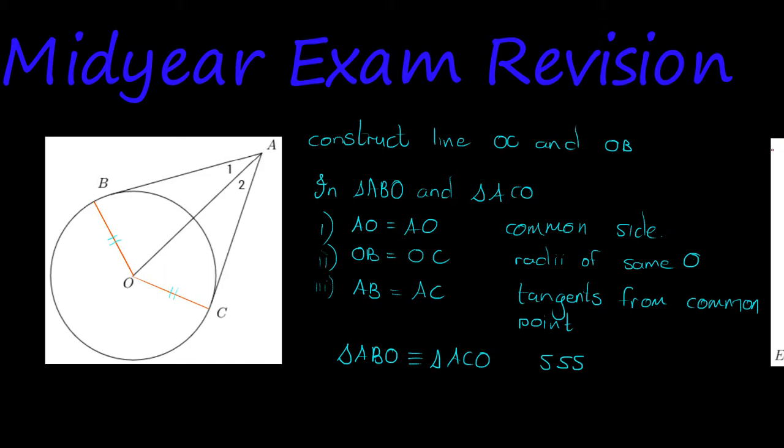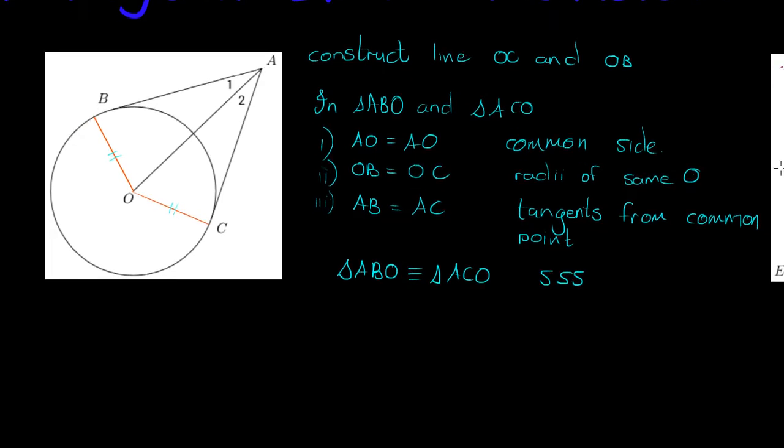Now that's technically the strictest definition of congruence, but I could have also said, instead of this number 3, that angle OBA is equal to angle OCA is equal to 90 degrees because the radius is perpendicular to the tangent.